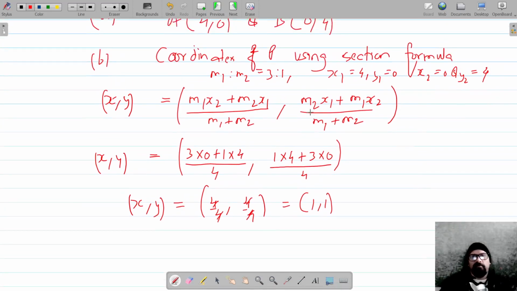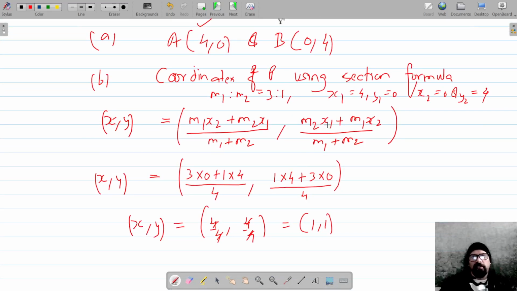For the second one, m2 is 1 and x1 is 4, m1 is 3 and x2 is 0. Okay, I have written the formula incorrectly. This should actually be y2.